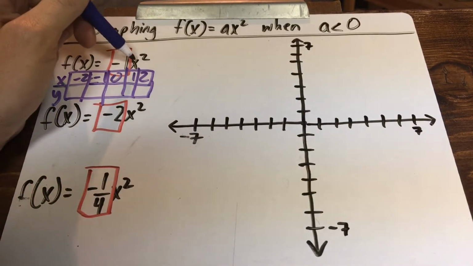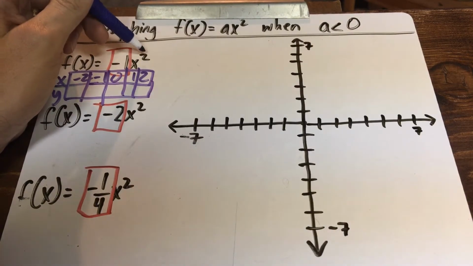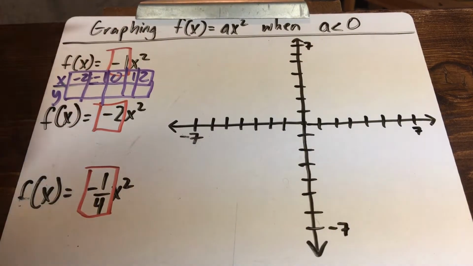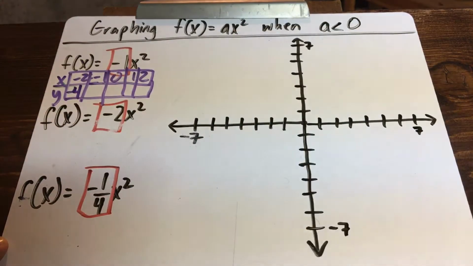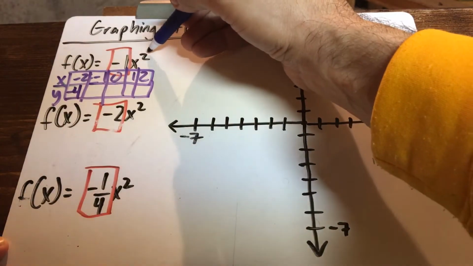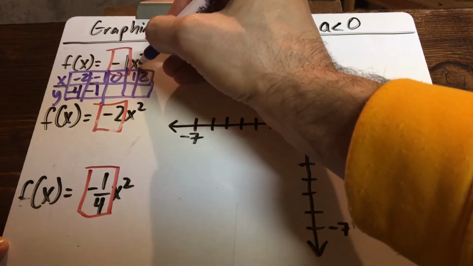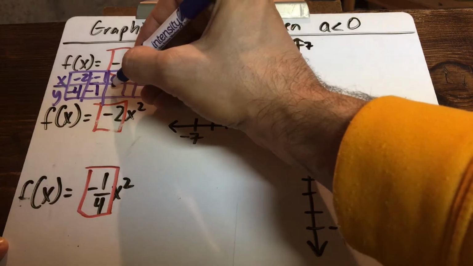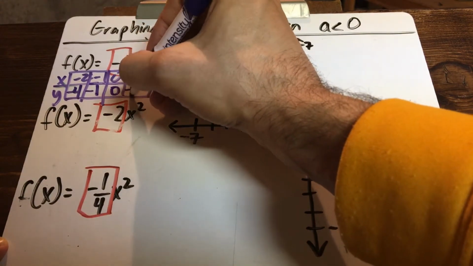So you're going to do -2 squared, which is -2 times -2. That's 4. 4 times -1 is -4, right? -1 squared is 1. 1 times -1 is -1. 0 squared is 0. 0 times -1 is 0. 1 squared is 1. 1 times -1 is -1.